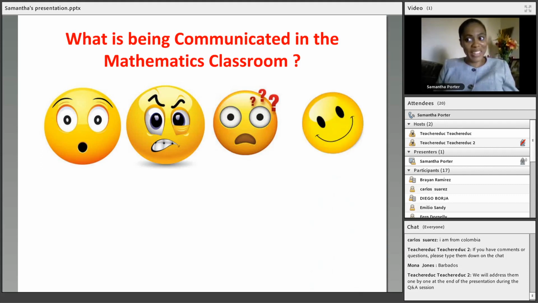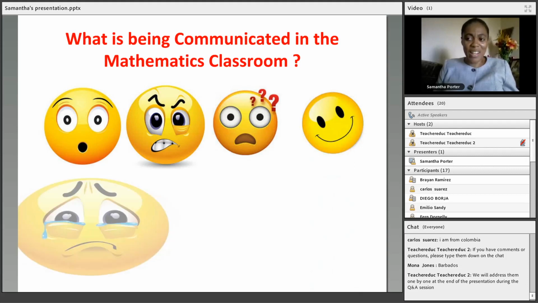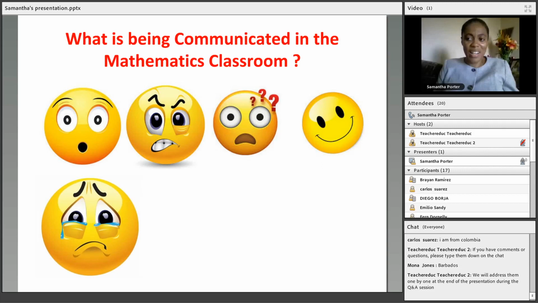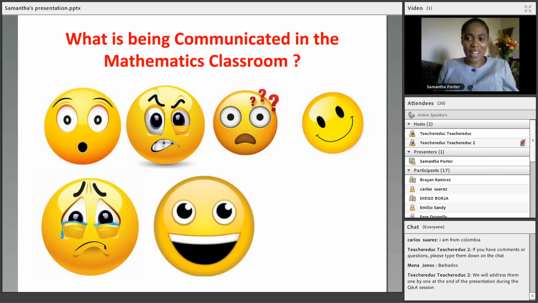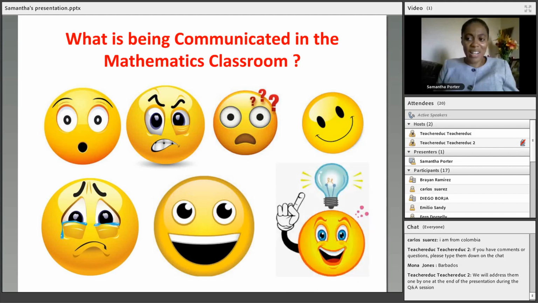Then we have some students, the high flyers, they are very happy, love mathematics. Then we have some who are sad because they just cannot figure out this math thing. Furthermore, we have students who are joyful because they are getting the problems correct. And then we have those students who experience an aha moment in the classroom.